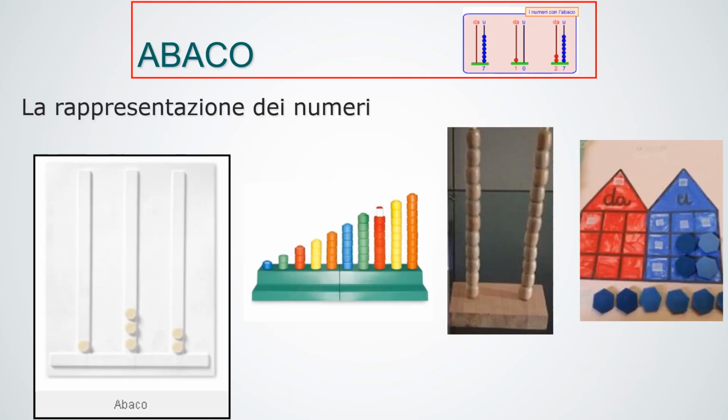Abacus. Another tool widely used by mathematics teachers is the abacus, of which there are common versions that can also be used by visually impaired children, e.g. the scalar abacus, which enables the acquisition of the concept of variable quantities within 10.